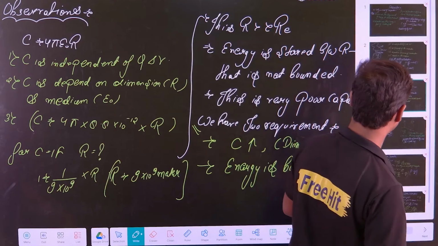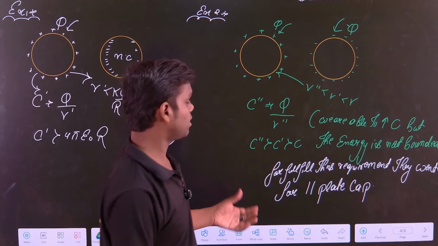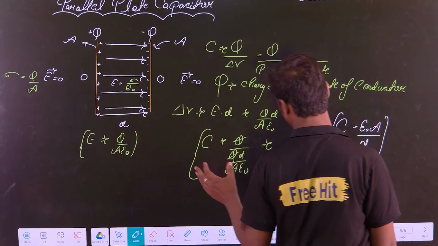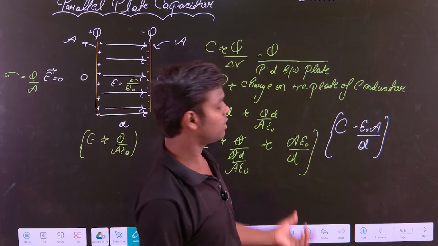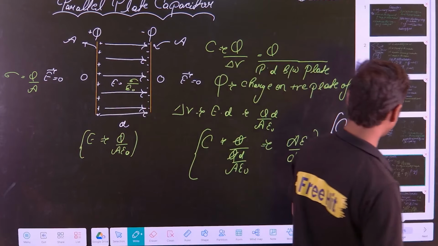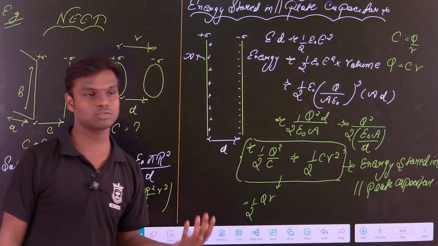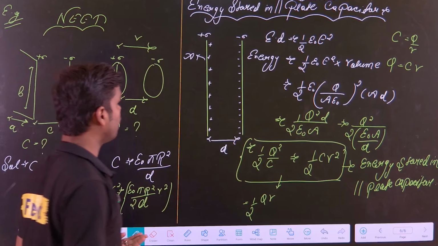On the basis of that, scientists did some experiments, got some results, and finally came to the conclusion, and we invented something called a parallel plate capacitor. For that parallel plate capacitor we calculated the capacitance value, and after that we also calculated the energy that is going to be stored in the parallel plate capacitor. Clear? So this is what we have done.